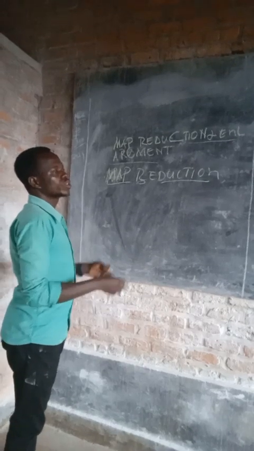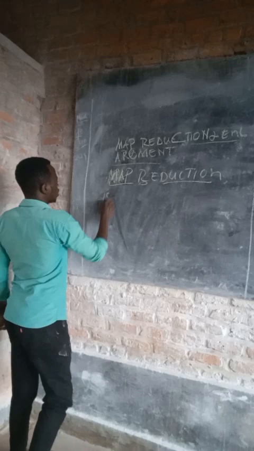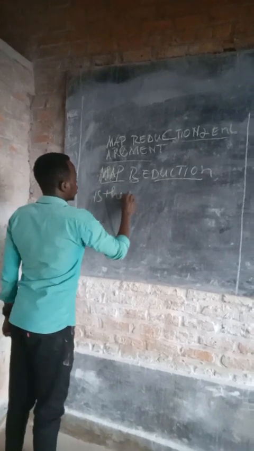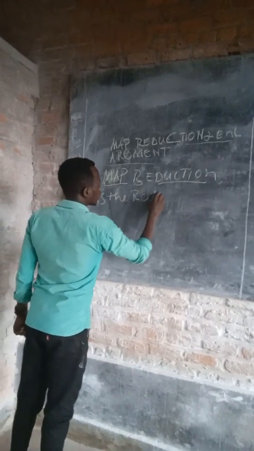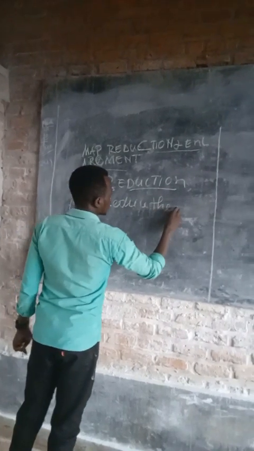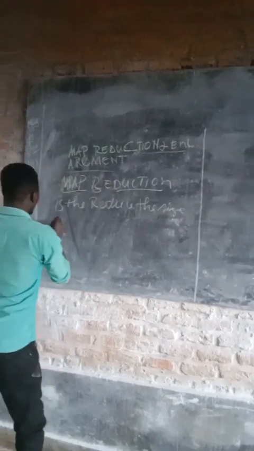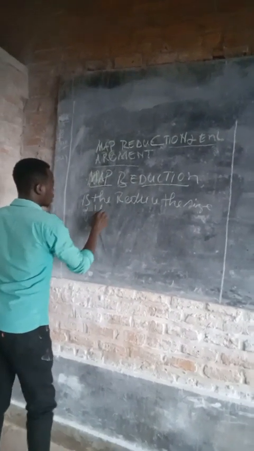This is what we call map reduction. Map reduction is to reduce the size of the base map.